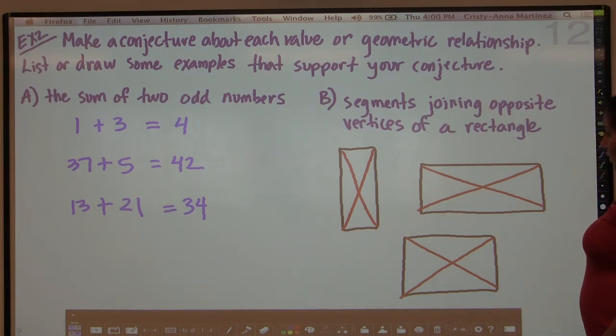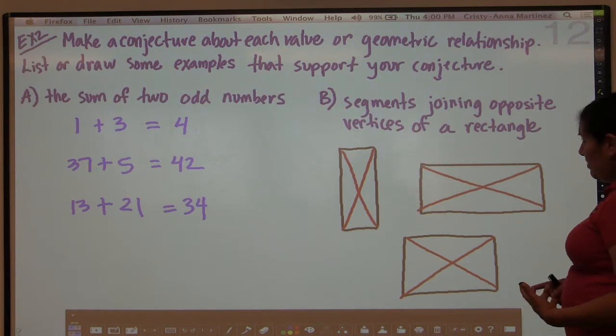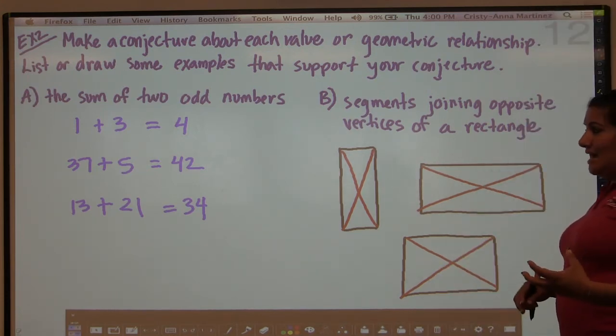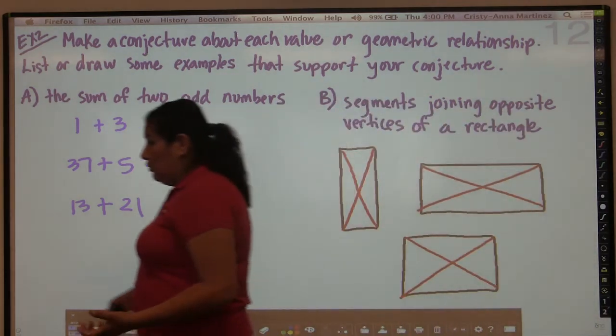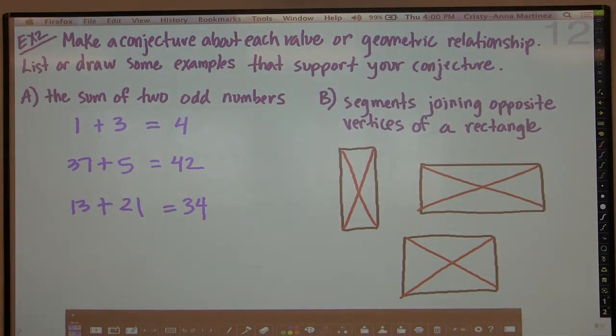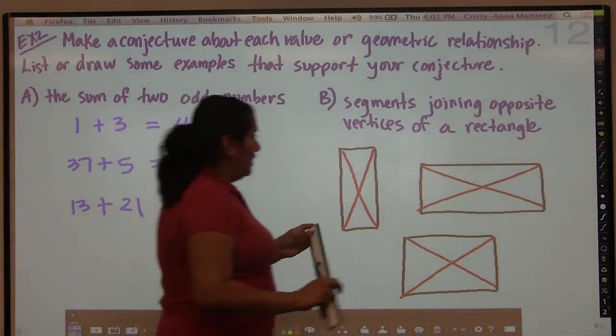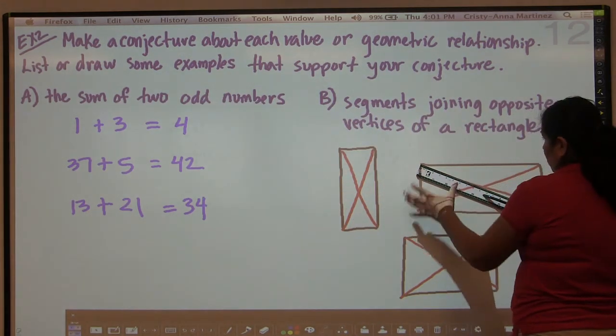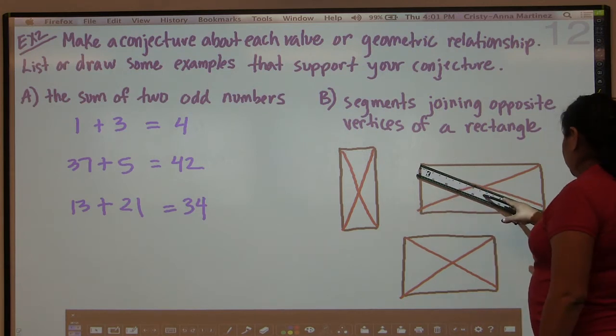But what I can tell by looking at these is that the segments that join opposite vertices appear to be congruent. They appear to be the same length. And to test that, you could actually grab a straight edge or a ruler. It doesn't really matter what units you're using, but you can actually measure. On my ruler, for example, I'm doing inches here.